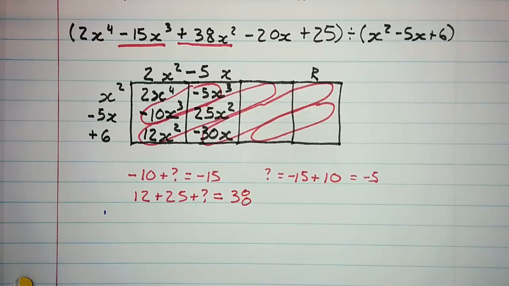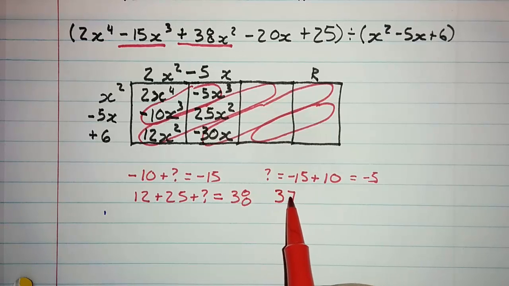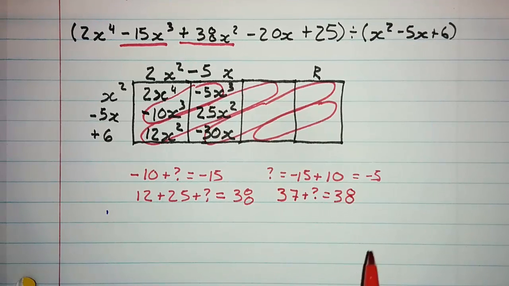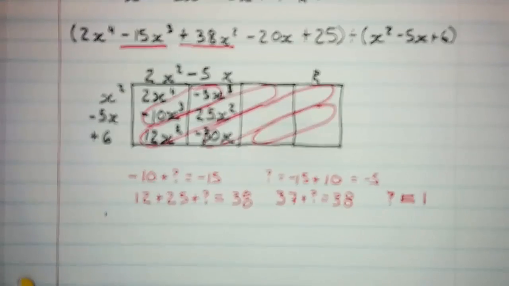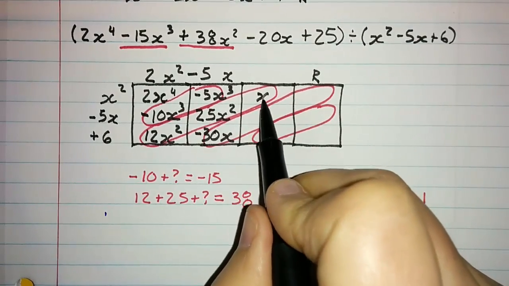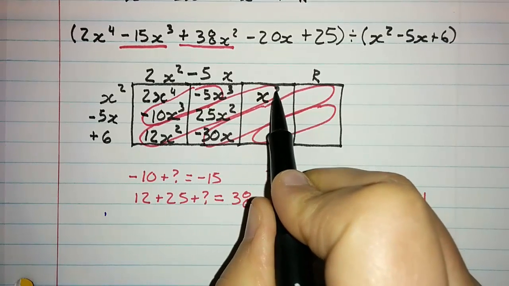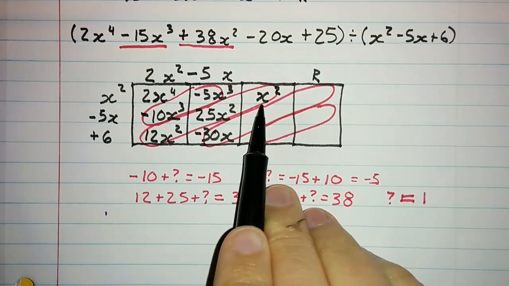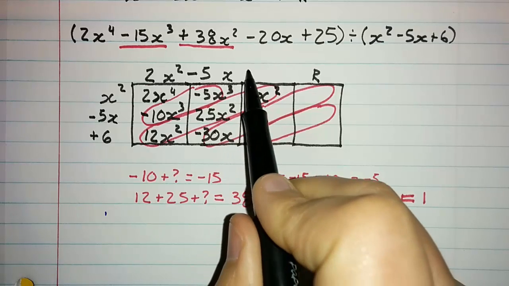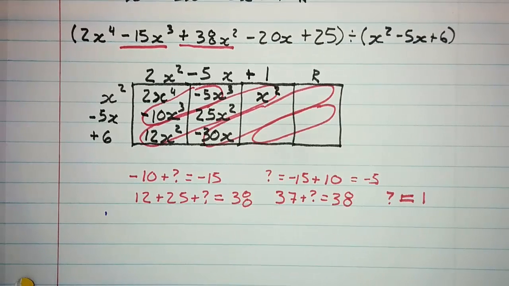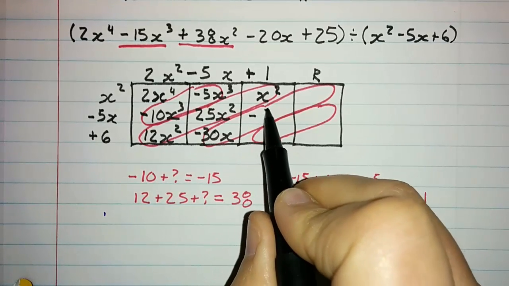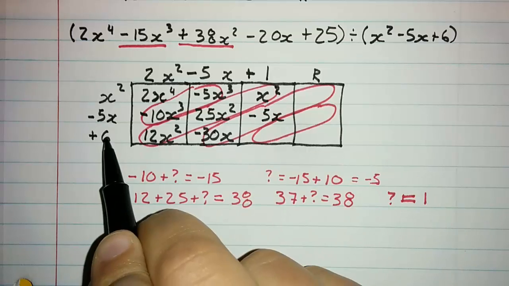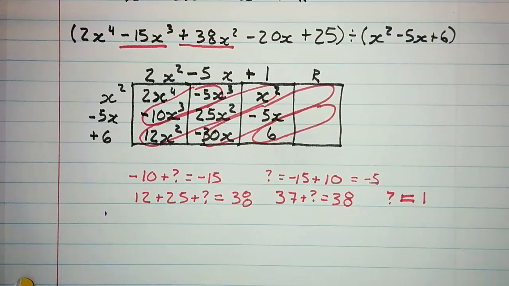Let's see, 12 plus 25, that's 37. 37 plus what gives me 38? 37 plus 1 gives me 38. So I must have just an x squared here. X squared times what will give me an x squared? It must be just a plus 1. So 1 times negative 5x is negative 5x. 1 times 6 is 6.